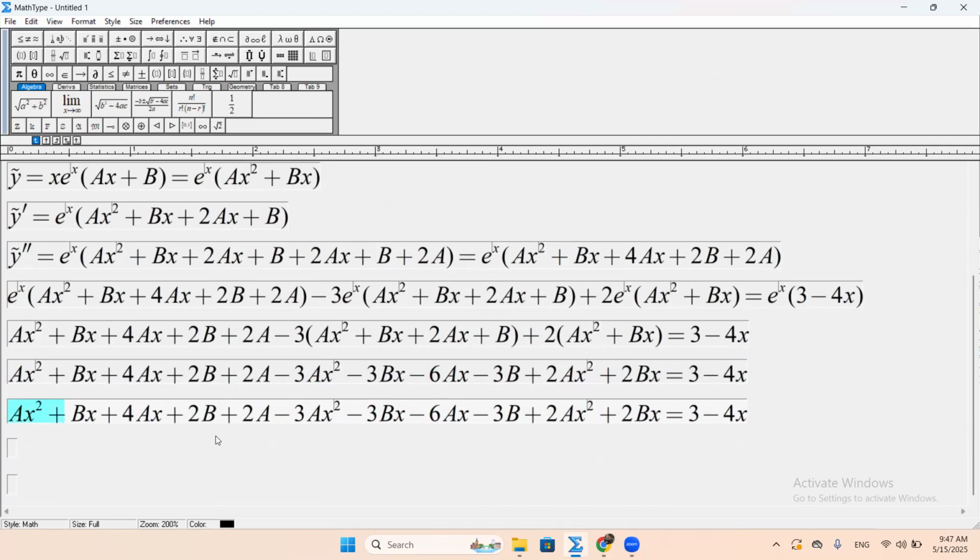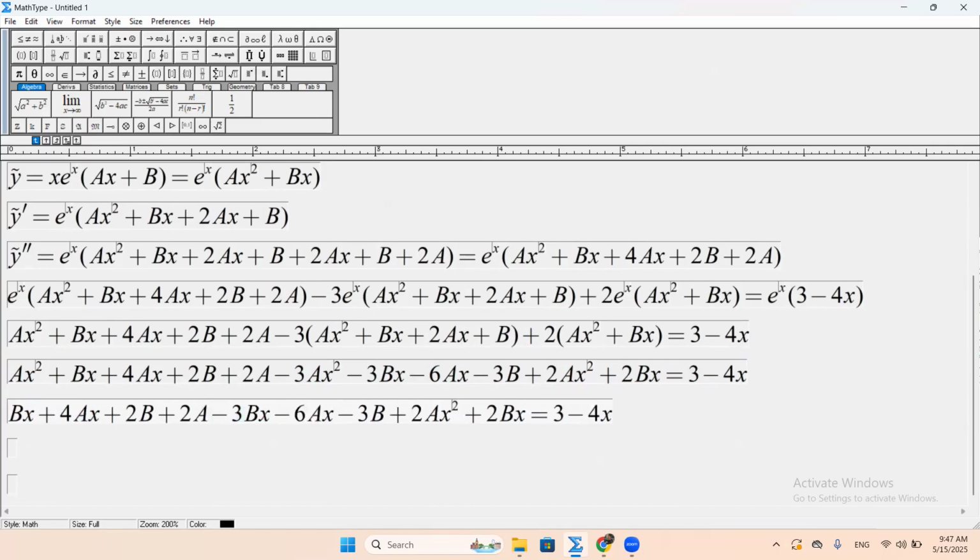Simplifying it, then what about x to the power of 1? 4ax minus 6x, so minus 2ax. Then what about bx? Here 1 minus 3 plus 2, so b will be eliminated.